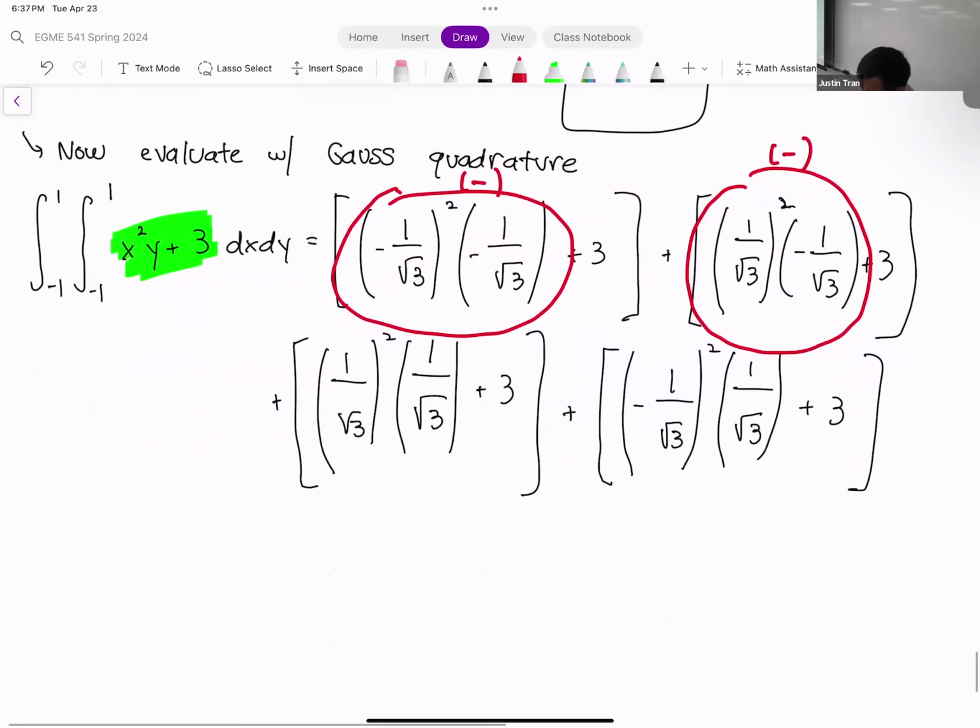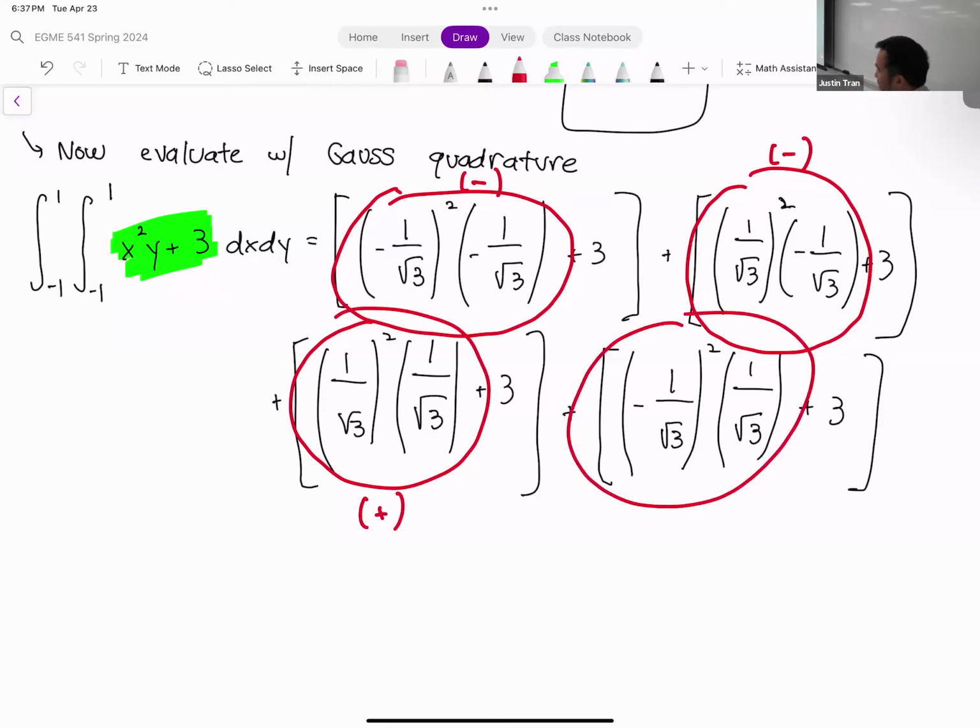We have the same expression here, a 1 over root 3 squared times 1 over root 3, so all those terms are positive. Then we have this term, a positive 1 over root 3 multiplied by negative 1 over root 3 squared, and the ending sign for this is positive as well.